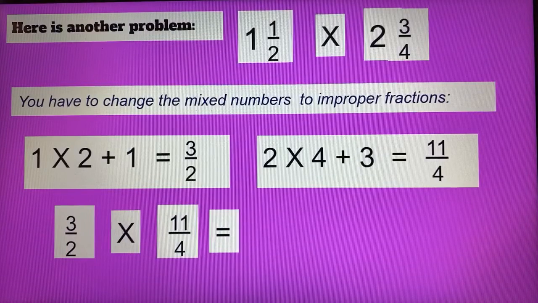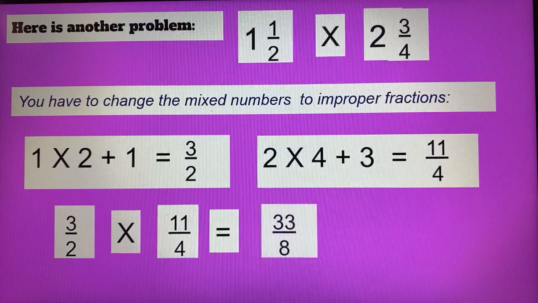So now we're going to multiply 3 times 11, which is 33, and 2 times 4, which is 8. And 33 is odd, and 8 is even. 2, 4, and 8 go into 8, but none of those go into 33. So we're done with that one. Let's go on to the next one.